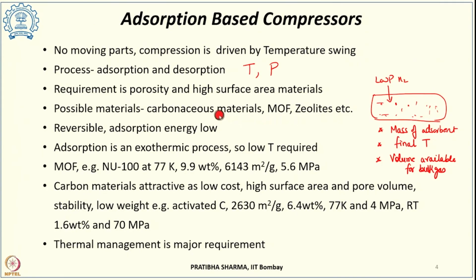Now in this adsorption-desorption process, adsorption is a completely reversible process with the interaction energy involved being 0.01 to 0.1 electron volt. This is also an exothermic reaction. As such, this is preferred at low temperature.